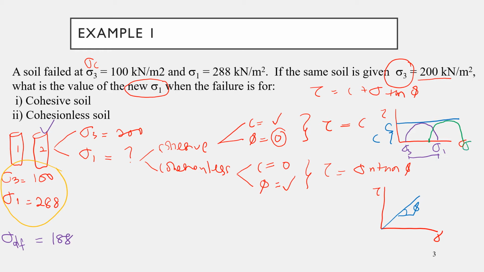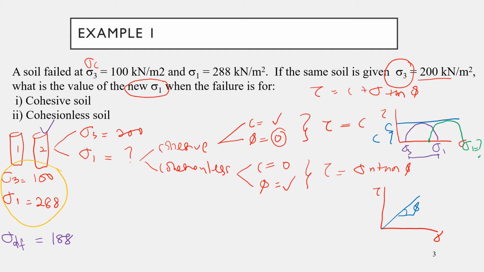So this would be your new sigma 1 for the second sample, which represents cohesive soil. So you can get the value straight away if you solve these equations by graphical solution.